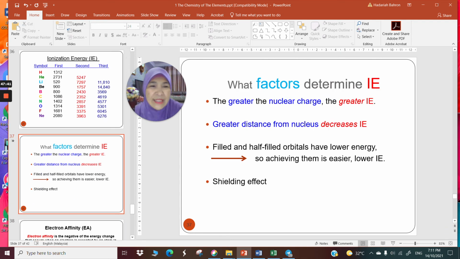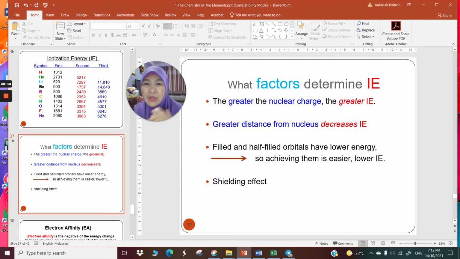So what are the factors that determine ionization energy? The greater the nuclear charge, the greater the ionization energy, obviously. The greater the distance from the nucleus, the easier it is to remove, so the ionization energy decreases. Filled means full: s is filled with 2, p is filled with 6 electrons because there are 3 orbitals.